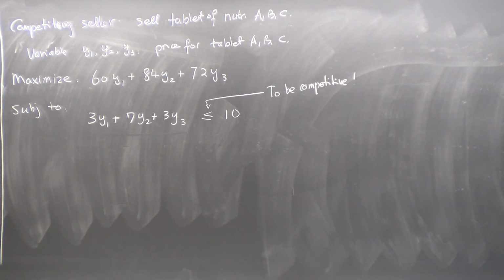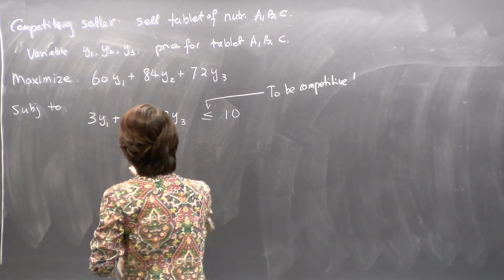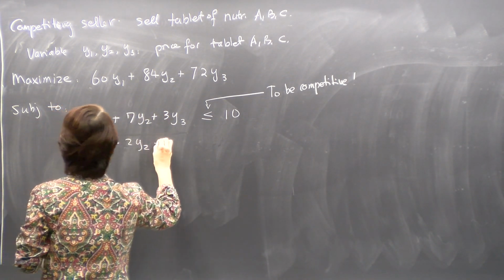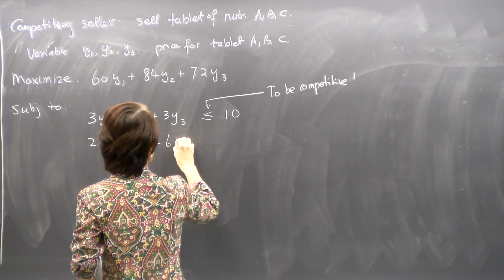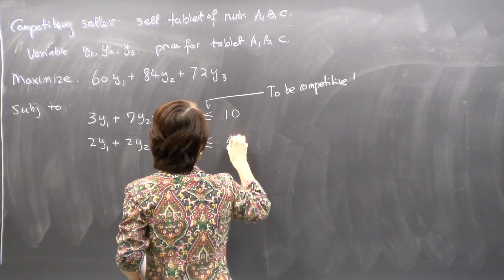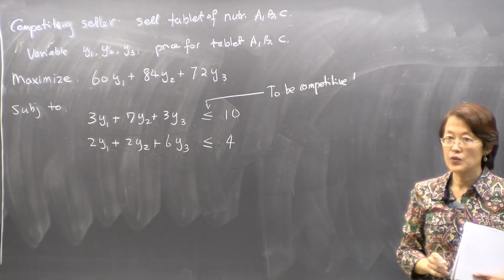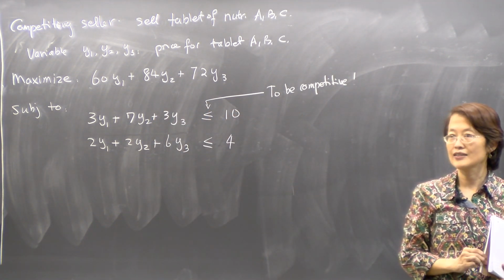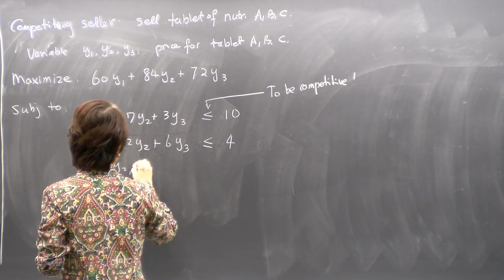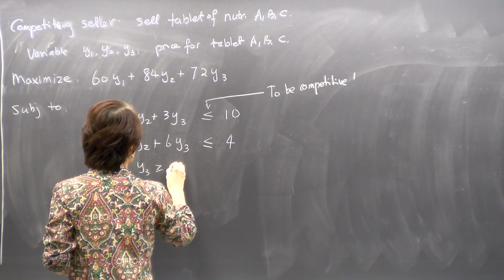If he doesn't buy feed 2, he uses my pills; he needs 2, 2, 6 of A, B, and C. How much will that cost him? 2 y1 plus 2 y2 plus 6 y3, and that must cost less, otherwise he won't buy from me. Is that clear? And then I have the non-negativity constraint.